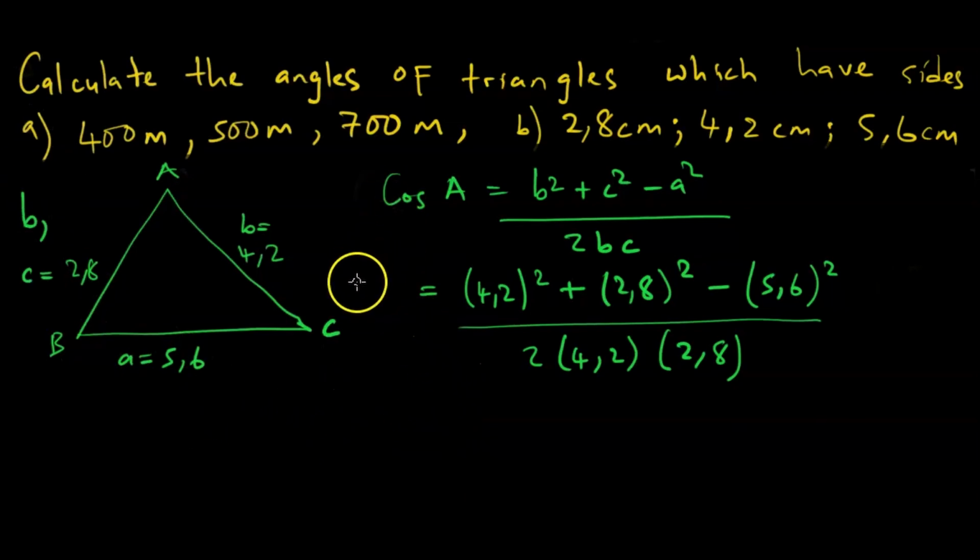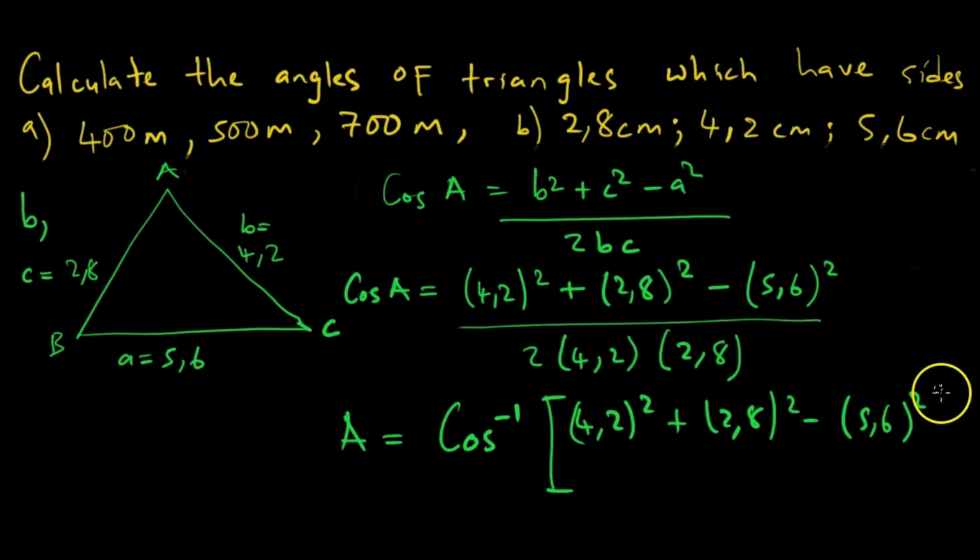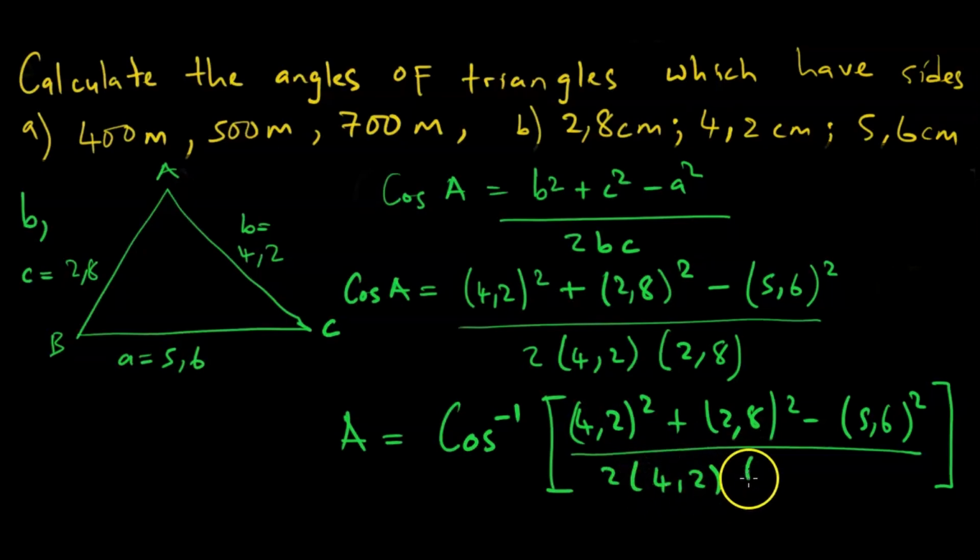Instead of kuramba tongoti cos a panapa, tongoti a is equal to the arc cos of 4.2 squared plus 2.8 squared minus 5.6 squared. Musazviita izvi, but kungokuratidzai kuti zviriko.